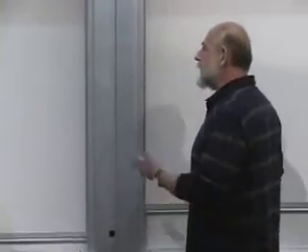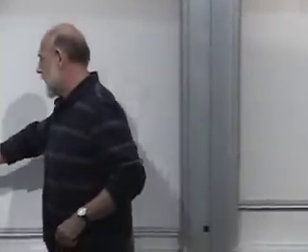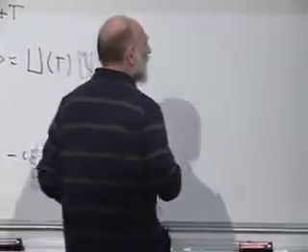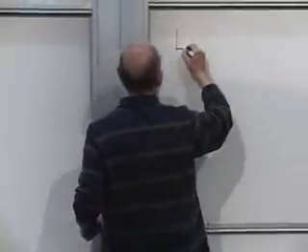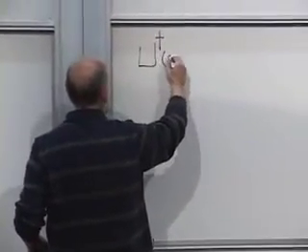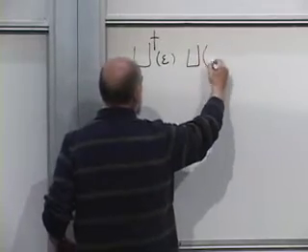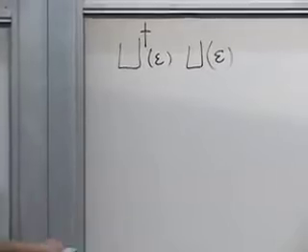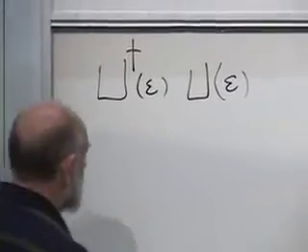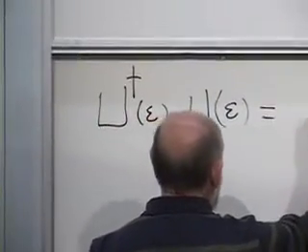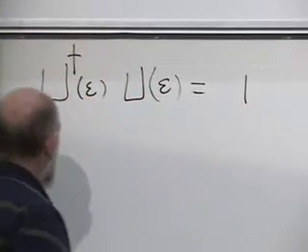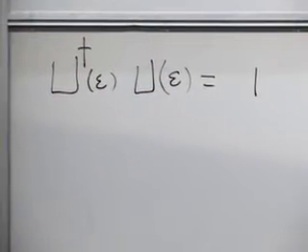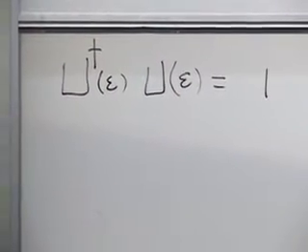All right, let's see what we can learn about capital H here. We have to have that U dagger of epsilon times U of epsilon, to first order in epsilon, should be equal to 1. We're keeping things to first order in epsilon and only to first order. Let's write it out. What is U dagger? Well, let's write down U dagger over here.